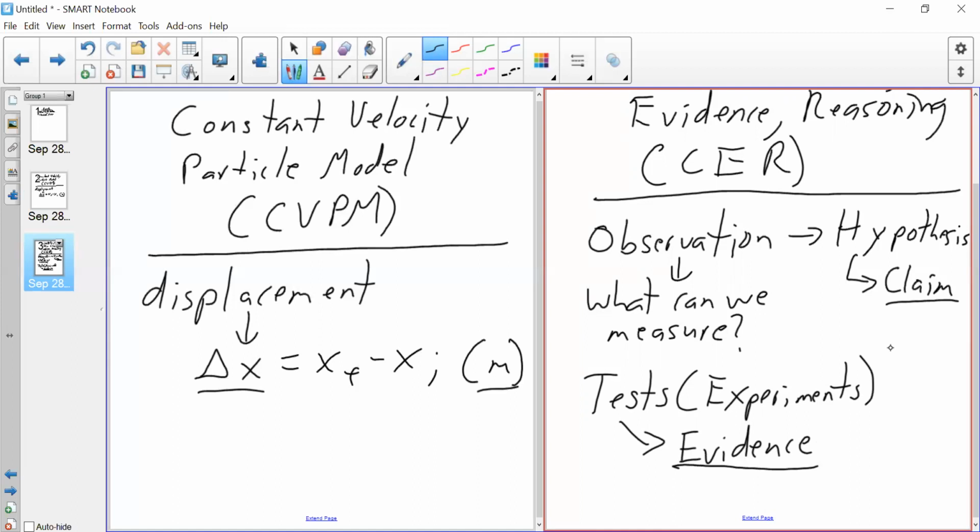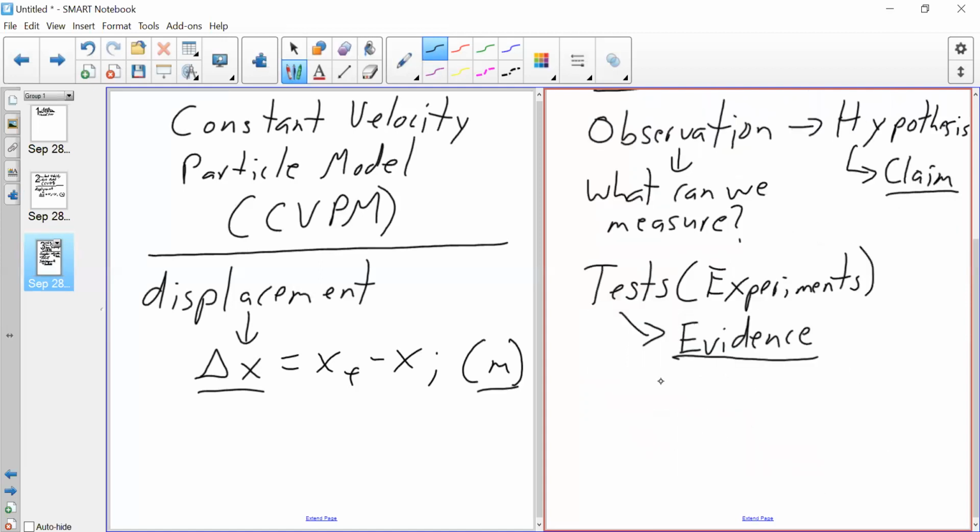We get all this information, all this data, and we organize it into a data table. If you look back on the CVPM, there's that one section, I think on page 2, where it says organize your data. That's where you establish that data table. So we got our evidence, and from the evidence, we went to organize the data. And we generally organize the data in a data table structure.